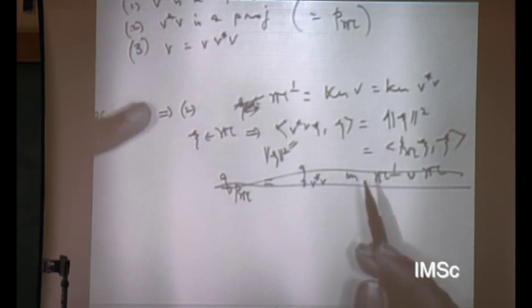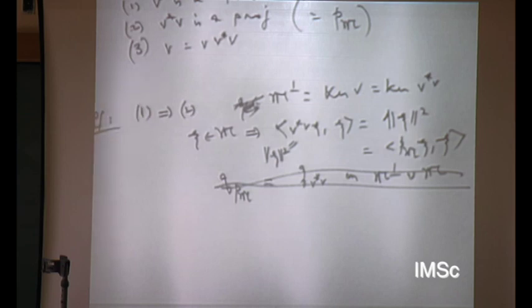Why am I being so clumsy? So on M perp it is the same and on M it is also the same. Why is it the same on M? On M the quadratic form is the same.